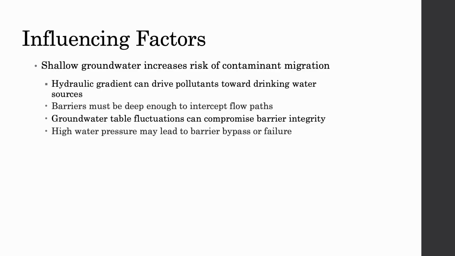In some cases, the pressure from moving groundwater, or the hydraulic gradient, can push pollution under or around barriers, especially if they weren't properly built. Also, the water table itself can rise or fall with the seasons, and if it rises into a barrier that wasn't designed for saturation, it can break down or leak. So groundwater proximity has a big impact on both the design and long-term success of a containment system.